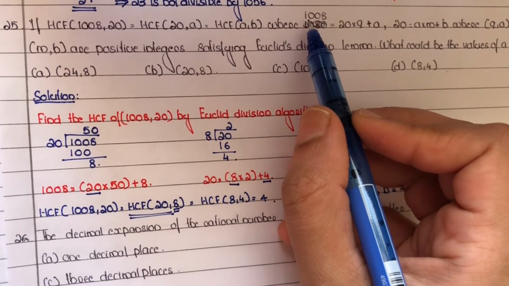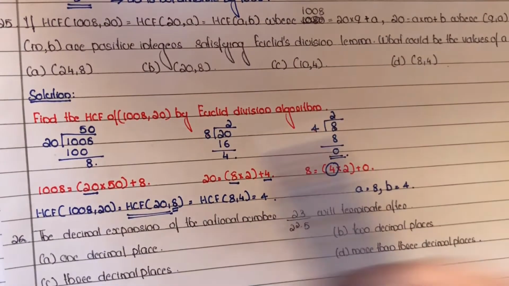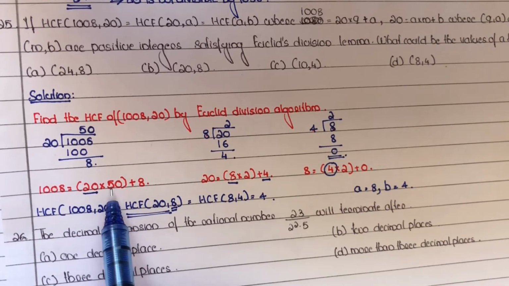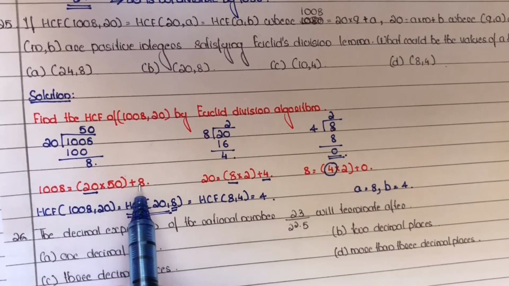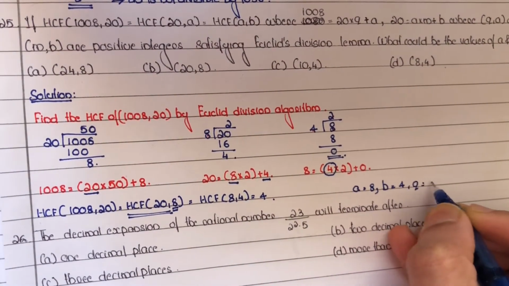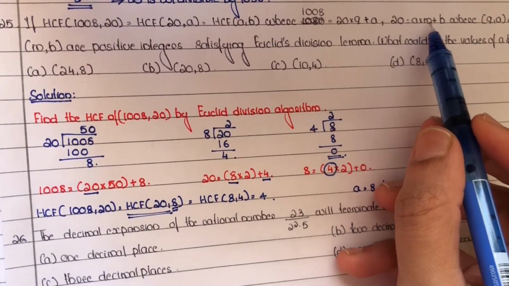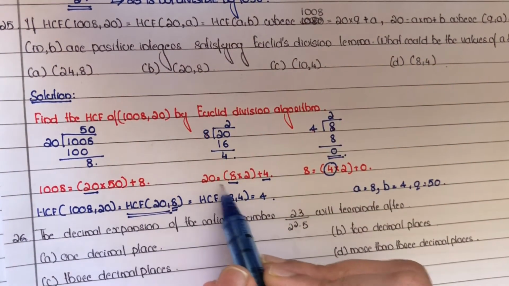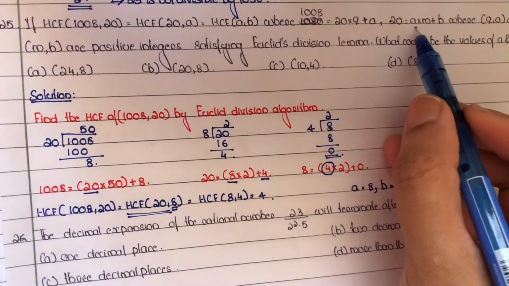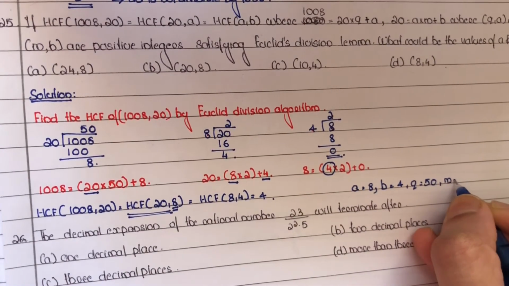Next, where 1008 equal to 20 into Q plus A, that is 1008 is equal to 20 into 50, so Q is equal to 50 plus A equal to 8. A equal to 8 and Q is equal to 50. Okay. 20 is equal to A into M plus B. A is 8, A into M is 16, so M is equal to 2.